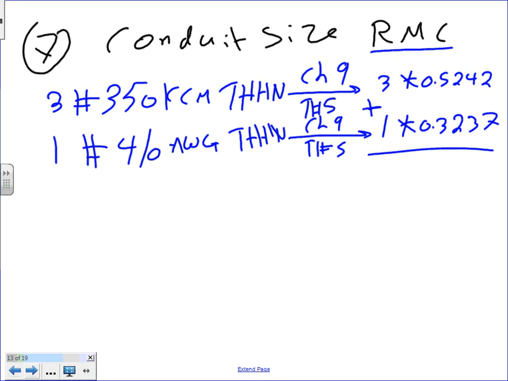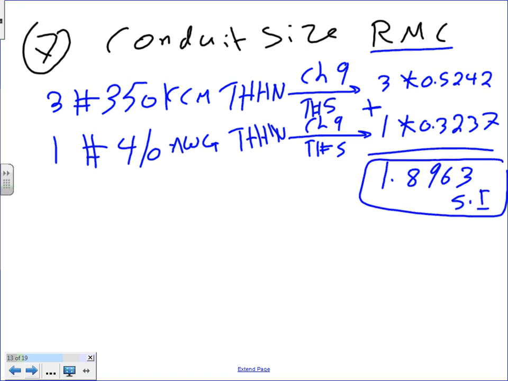And that will get you a healthy 1.8963 square inches. Up to this point, we have no idea what this is.